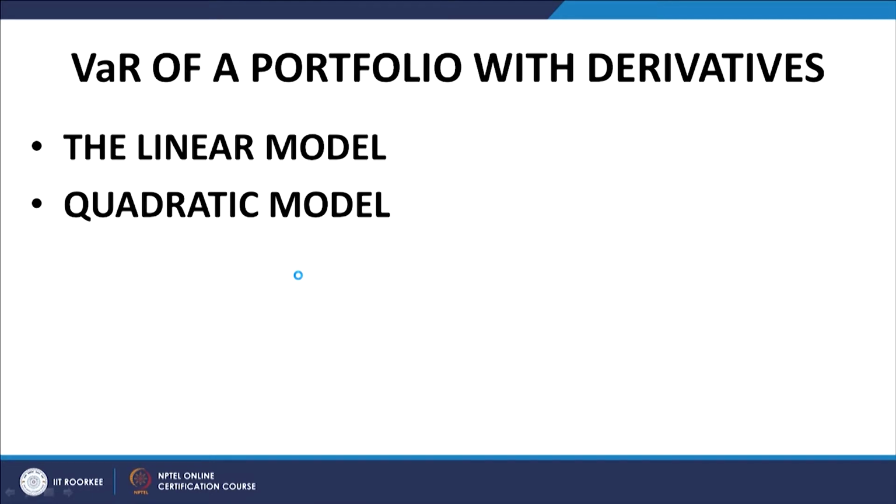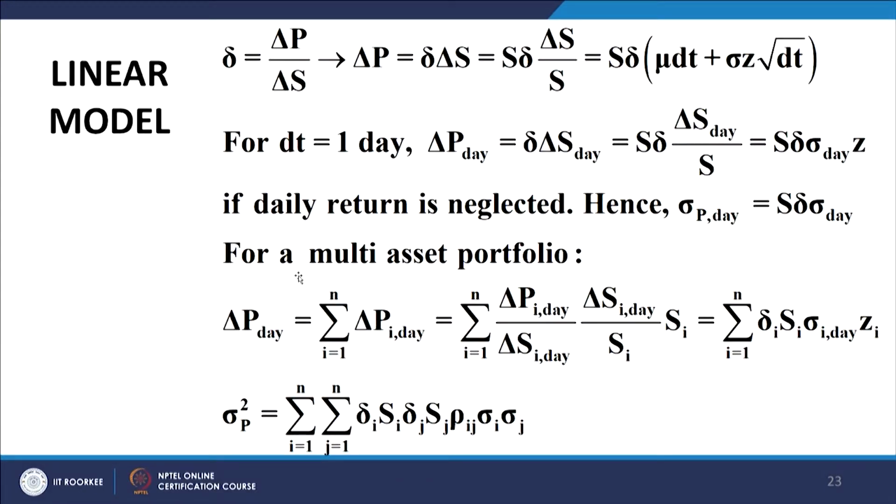Now, in the case of a portfolio which involves a derivative, again the process is more or less absolutely parallel to what we had for the underlying asset, for the cash assets, for the stocks. So, let us see how we go. Now, delta is equal to delta p upon delta s. This small delta is the option Greek delta, and capital delta is the change in price.